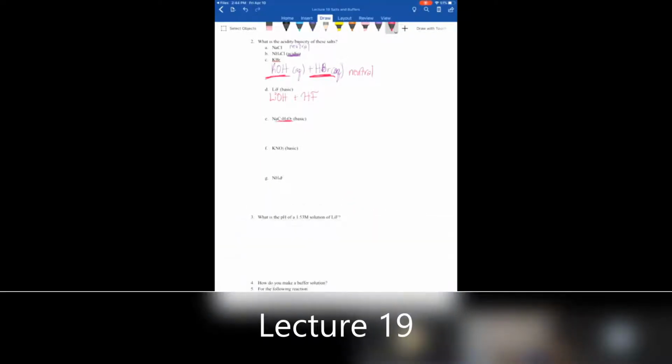So, yeah. What about NH4 and F? So that would be. Hold on. Well, the F would be the HF. I know that part. And then the NH4 would be, so HF lost the hydrogen.